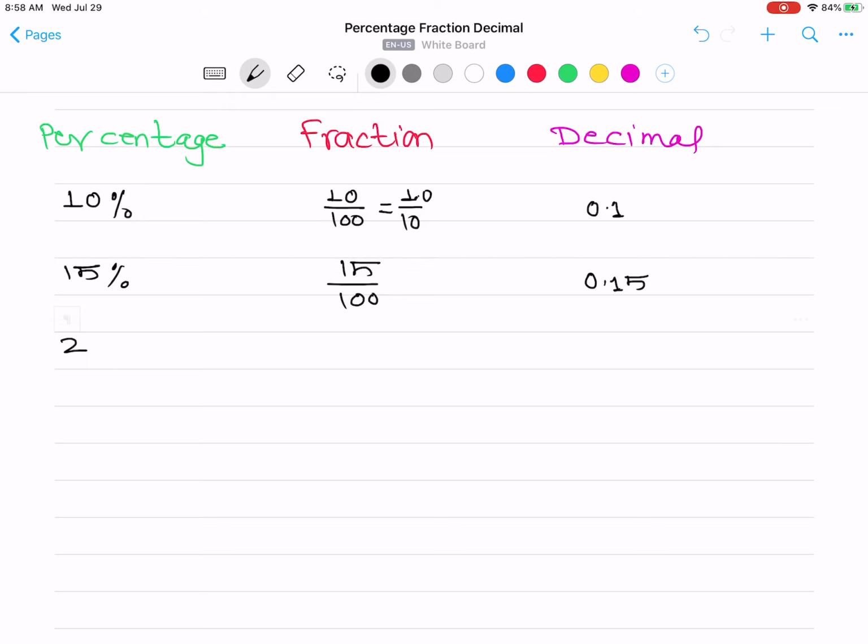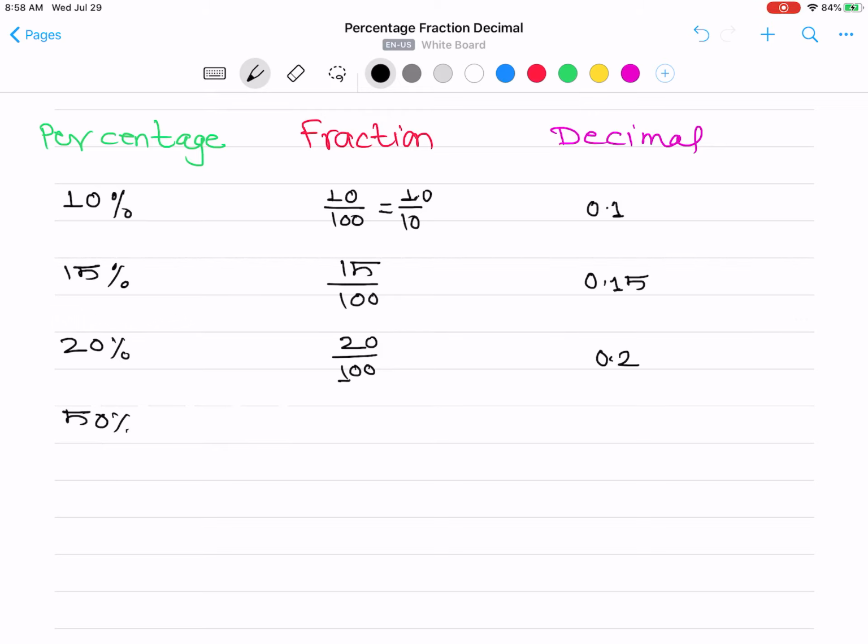Let's calculate 20%. So this is simply in the fraction 20 by 100, and in decimal it's 0.2. The same thing.